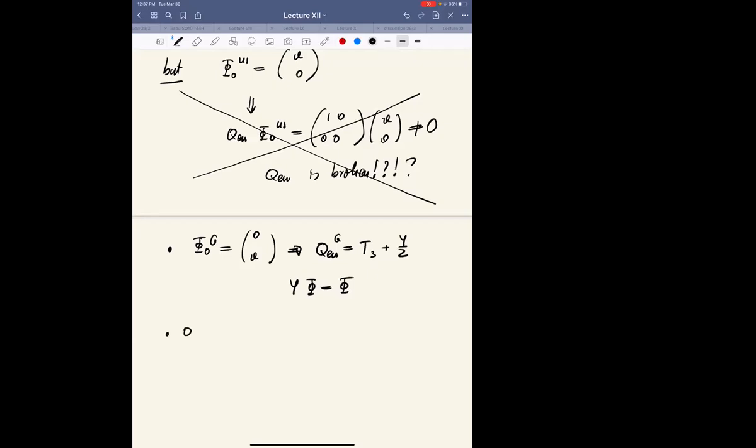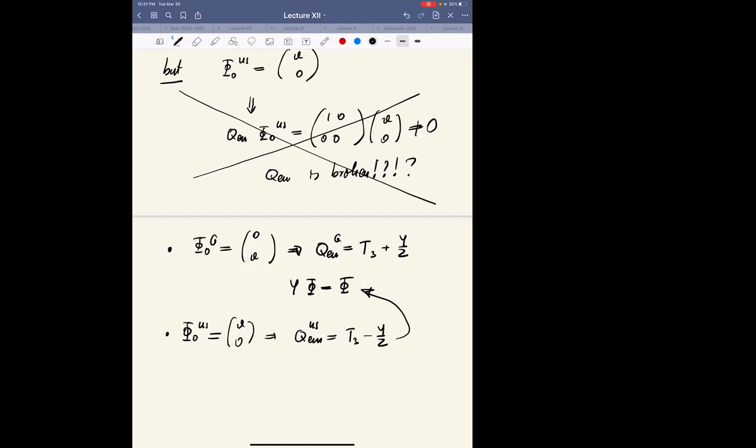But when you say that phi_0 us is (v, 0), then you will see that Q electromagnetic us is not the same. It can be, for example, T3 minus Y over 2 with the same convention. Or you can even take Y over 2, but you change the convention for the phi field, which means that you change the convention for the electron. Everything has to be consistent with everything else, of course. And my hypercharge was consistent with the charge of the electron plus 1.